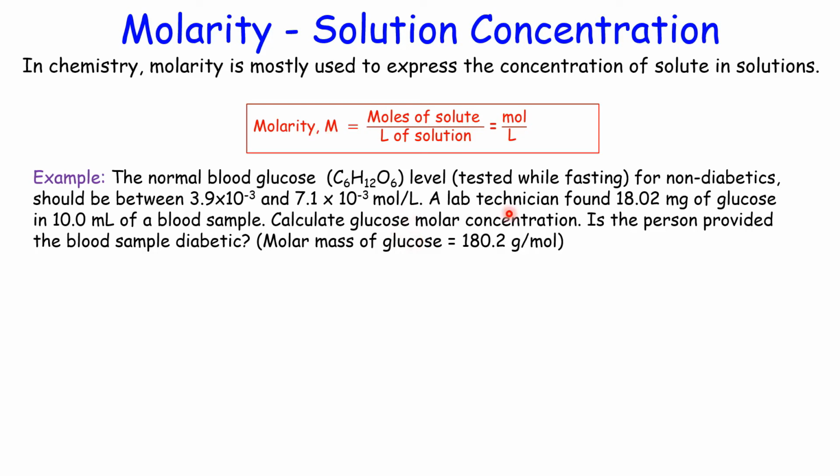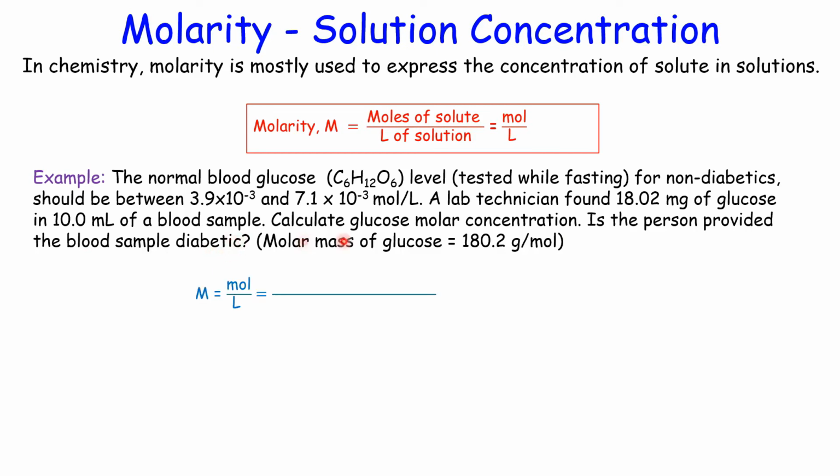A lab technician found 18.02 milligrams of glucose in 10 milliliters of a blood sample. Calculate the glucose molar concentration. Is the person who provided the blood sample diabetic?